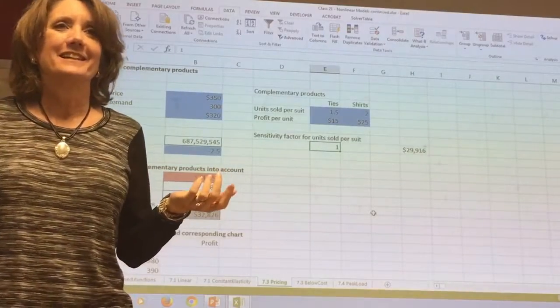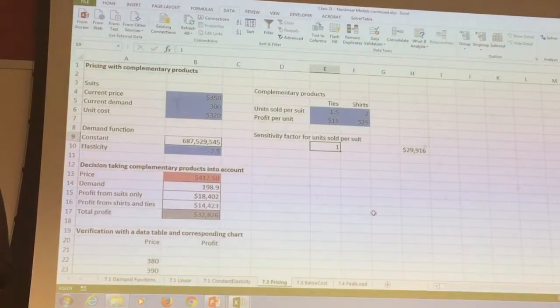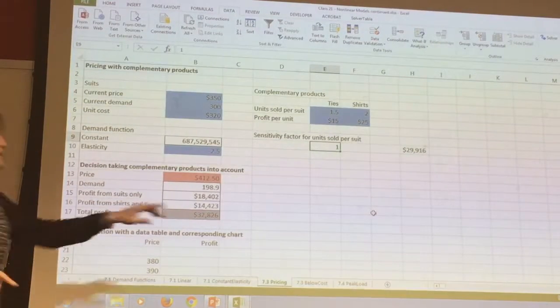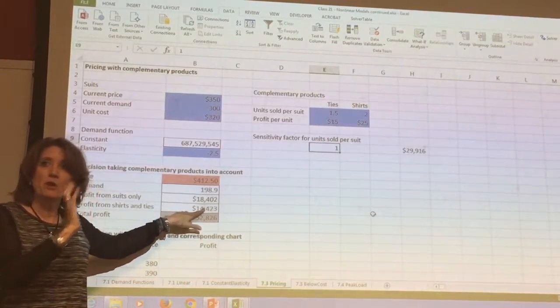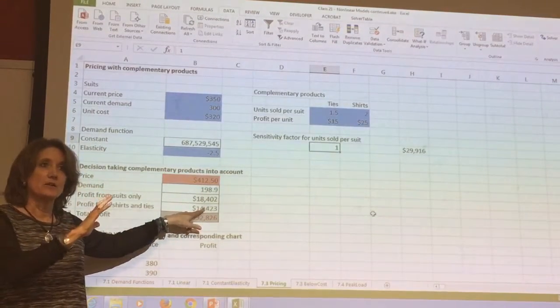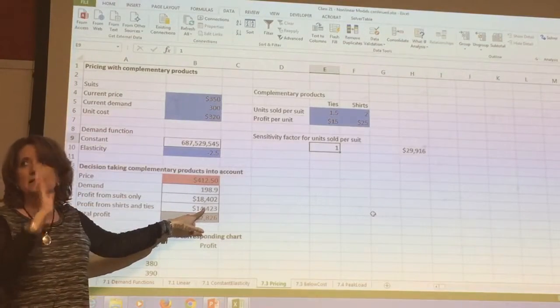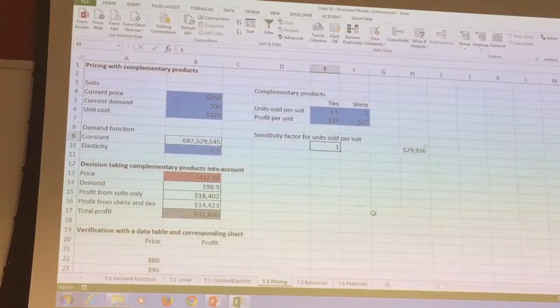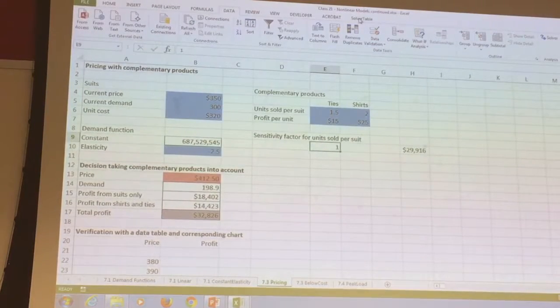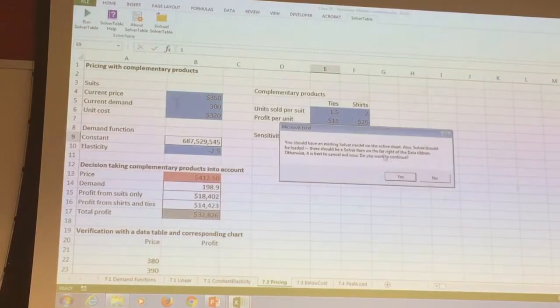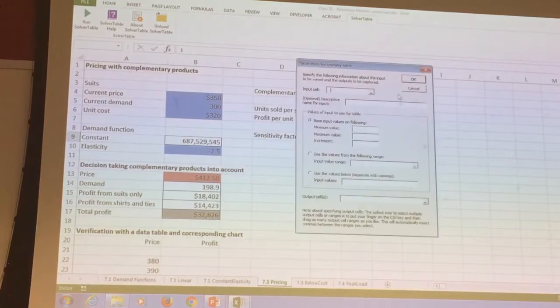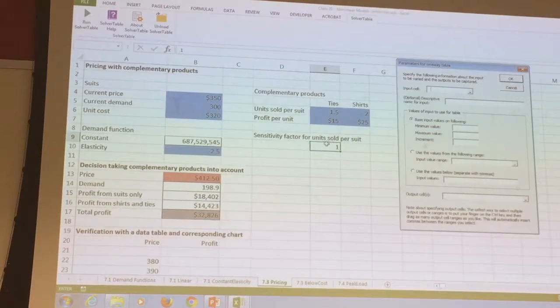I use solver table to do it for me, to run a bunch of different things. That sensitivity factor is what I'm doing the solver table on, because it gave me the ability to adjust how much profit I'm getting from shirts and ties. If I was only getting half as much, how would I price things? If I was getting twice as much, how would I price things? So I'm gonna go in now and do this solver table. The only thing that I'm gonna change is that sensitivity factor right there in E9.